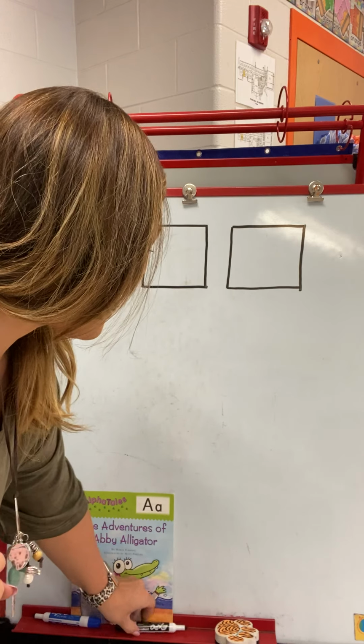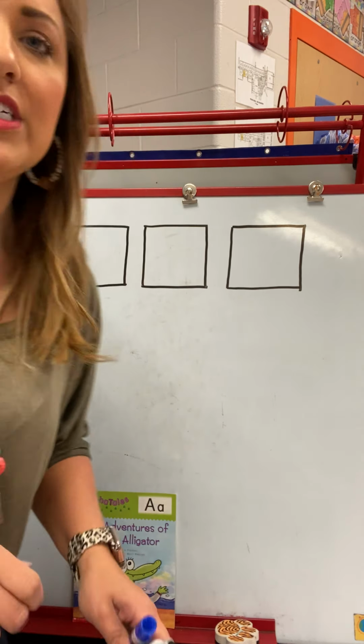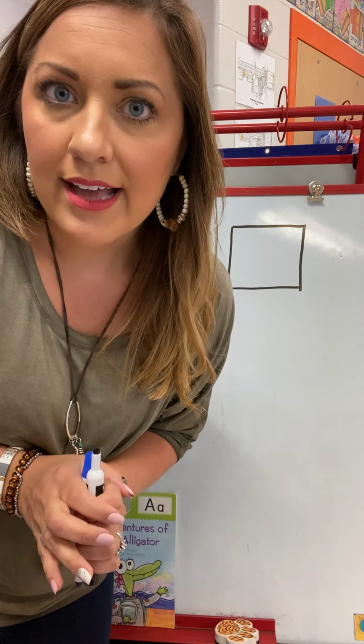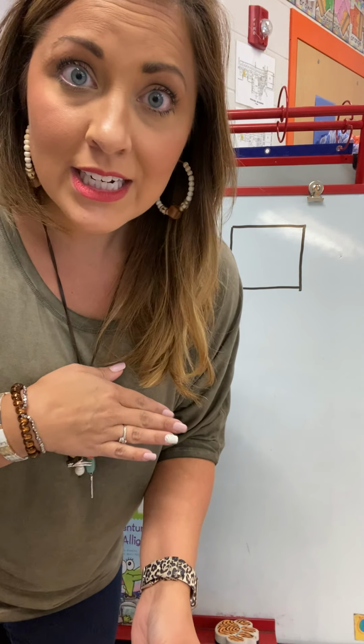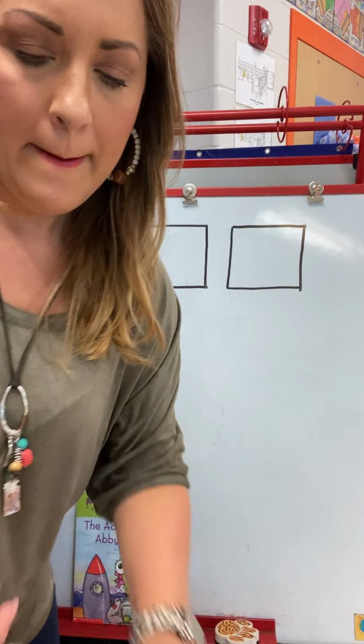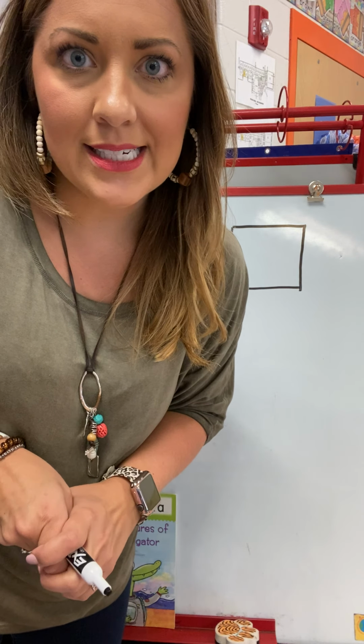So today we are going to talk about the a sound, the short A sound. But did you know that sometimes you hear the a sound in other parts of the word, not just at the beginning? So let's think about the word mat.